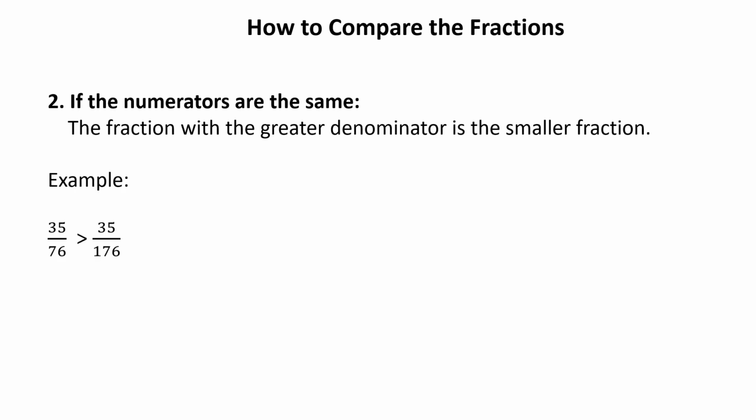For example, 35 over 176 is smaller than 35 over 76 because it has the greater denominator. Similarly, 43 over 89 is smaller than 43 over 76 because this fraction has the greater denominator. So hope this is clear.